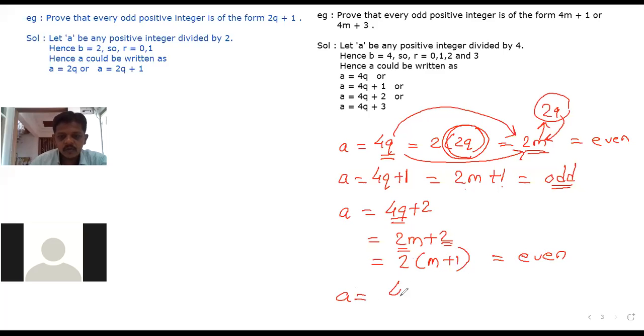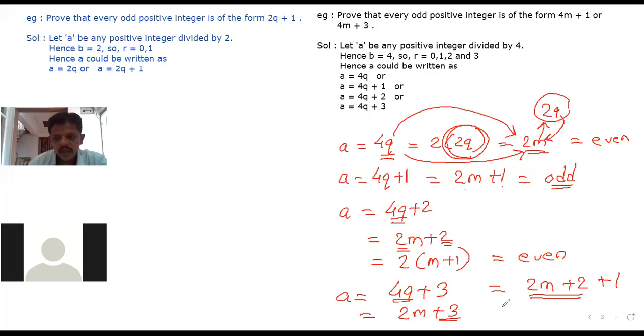And the last number: a is equal to 4q plus 3. 4q is 2m, so 2m plus 3. That is 2m plus 2 plus 1. For plus 3, I have written 2 plus 1.